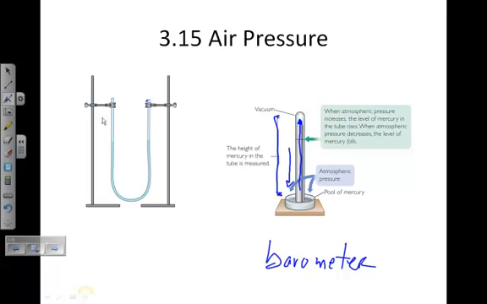This is equivalent to that activity we did in class where we created sort of a U-tube and we manipulated the differences in pressure at these 2 points. So if we left these two open to regular room air pressure, these two liquid levels would be even.